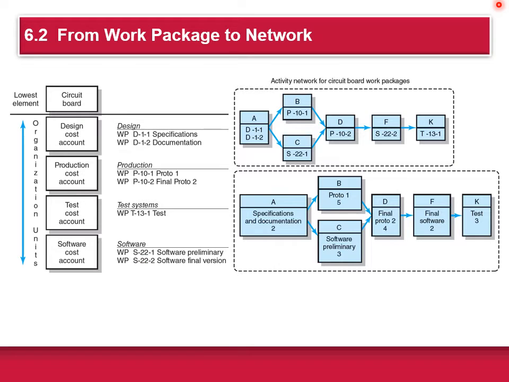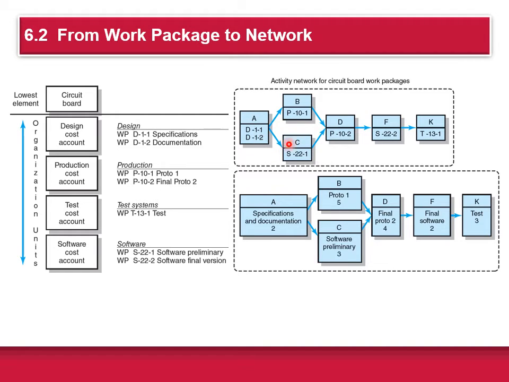The figure also traces out how work packages are used to develop the network, because here you can see we're beginning our graphical description of a network. So here A has the work packages listed, D11 and D12. Each of these work packages are put into these nodes.